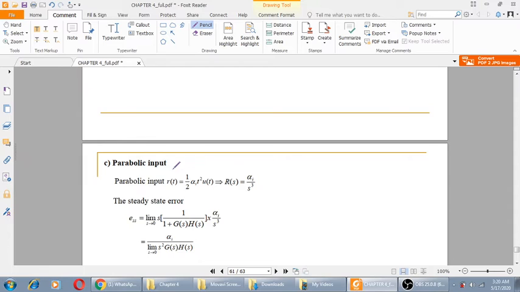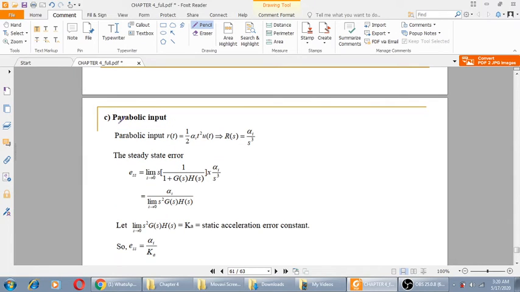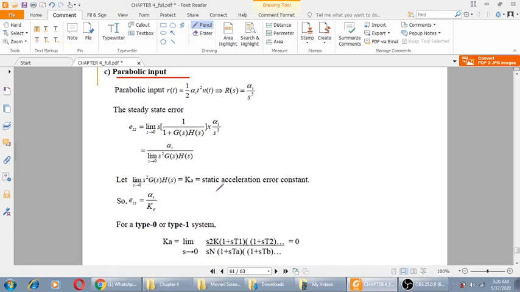Now for the third input, we call it the parabolic input. If the input is a parabolic input, then r(t) equals half alpha_i t squared u(t). This gives us R(s) equal to alpha_i divided by s cubed. The steady state error method is the same, just the calculation is a bit different.